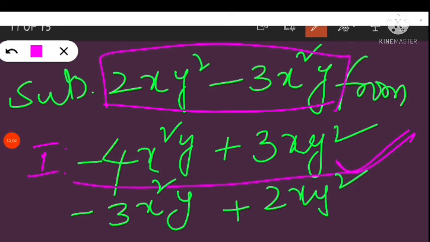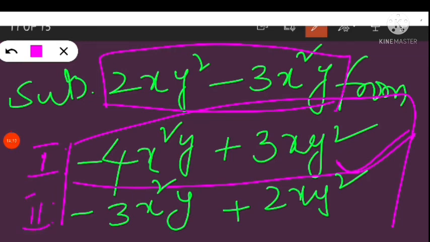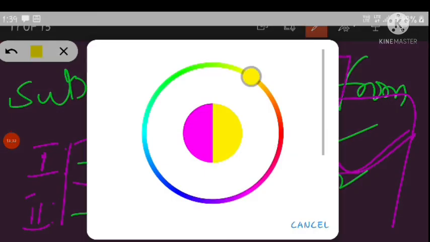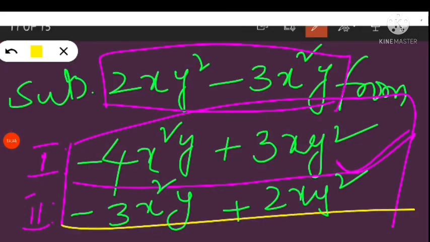So as I mentioned, if it is required to subtract, we need to change the sign of the second expression after writing it. So this becomes the first expression and this becomes the second expression. Now we need to change the sign of the second expression. The minus sign we need to change to plus, and the plus sign we need to change to minus.